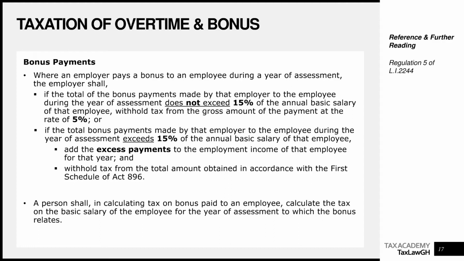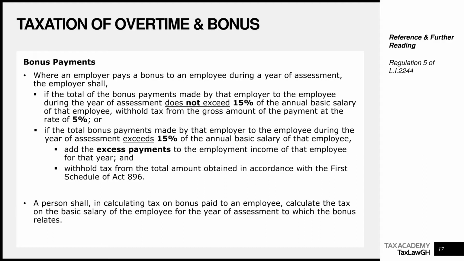So with our same simplistic example, 100 Ghana cedi basic salary annual, 15% threshold, that is 15 cedis. This time around in scenario number 2, the employer doesn't pay 10 cedis as bonus. They pay 20 cedis as bonus to the employee. We compare to the threshold and we realize that actually 20 cedis exceeds our 15 cedis threshold.